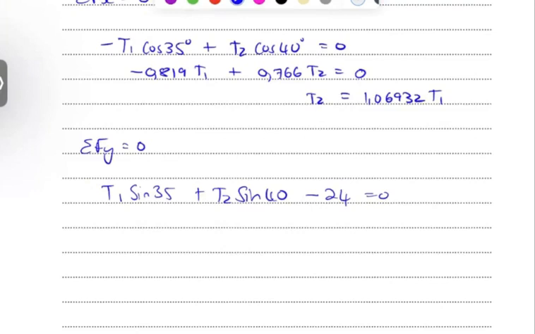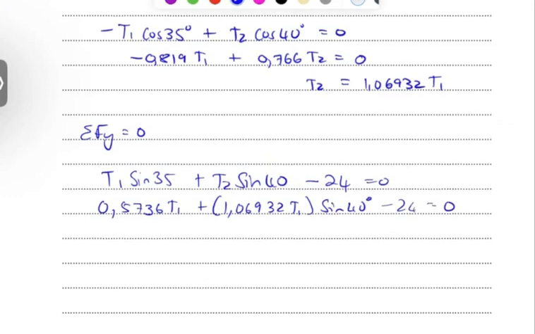So if I just simplify these, I'm going to change this into my T1, 1.06932 T1, and then sine 40. Sometimes I like to keep my trig functions instead of making decimals, because then you know that you're going to have the right significant figures.